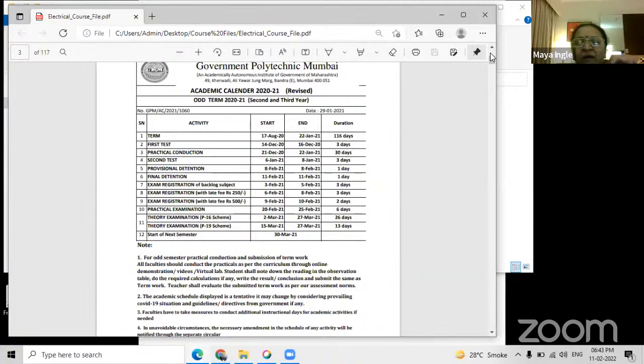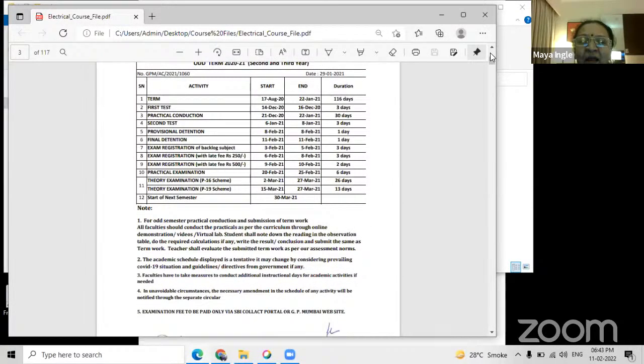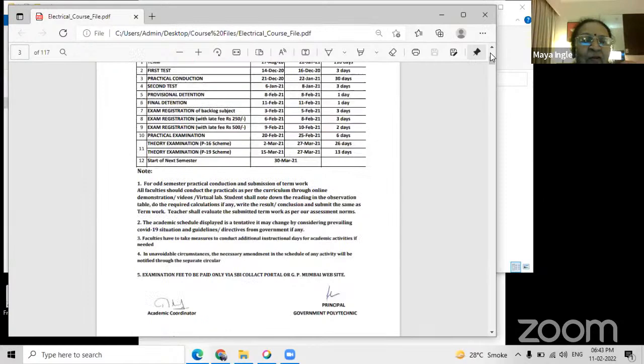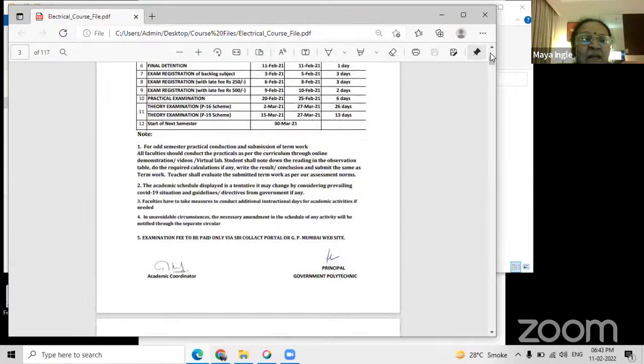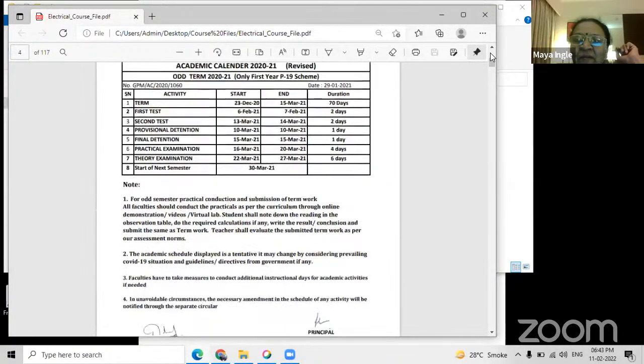So this is one of the types. After the commencement of the semester, what are the various activities date wise are to be included, and duration also has been written. After that, if there are certain notes related to the same, they are to be pointed out explicitly, which has been done in terms of notes, and then the signature of authorities. So this is the way. This shows the authenticity of the document.